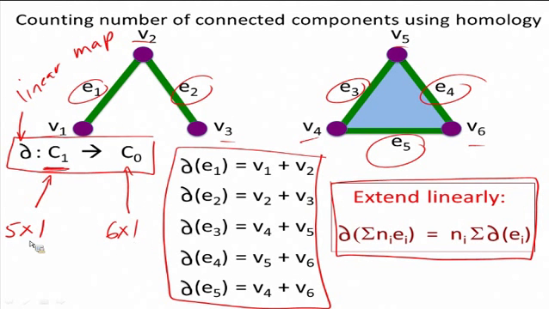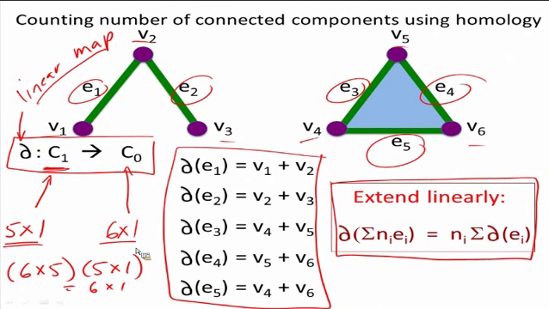And to go from a 5-dimensional space to a 6-dimensional space, I will want a 6 by 5 matrix so that I can multiply it by a 5 by 1 matrix to get out a 6 by 1 column vector. Since this is a nice linear map between finite dimensional vector spaces, we can use a matrix to represent this linear map.